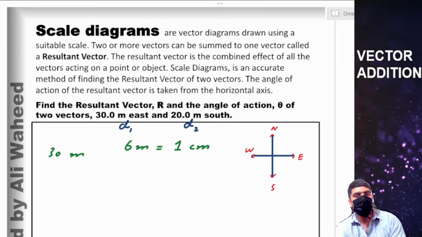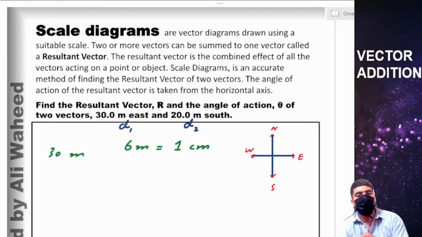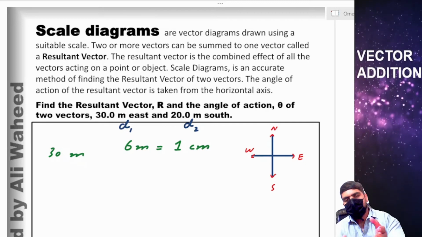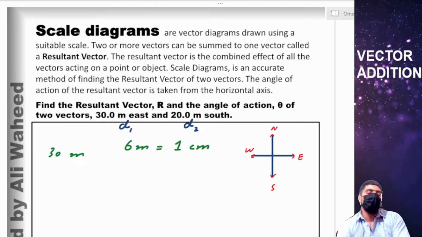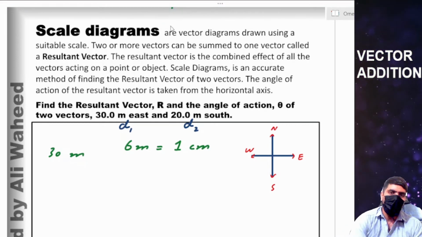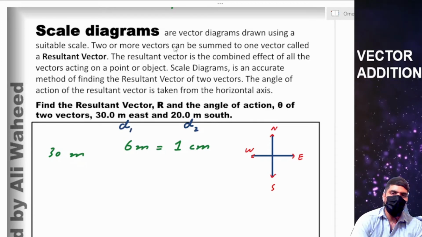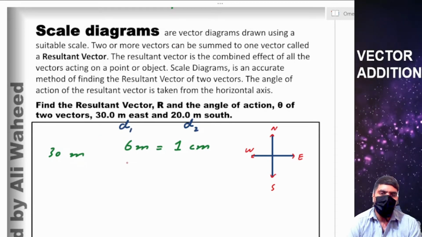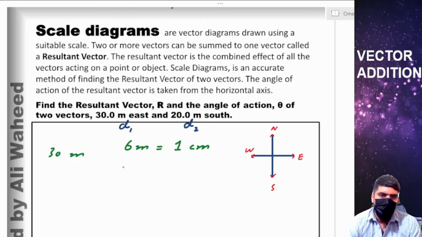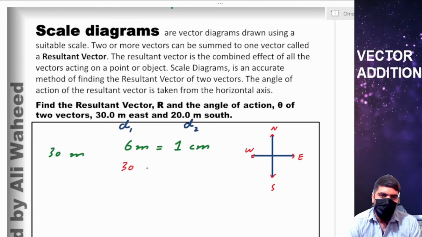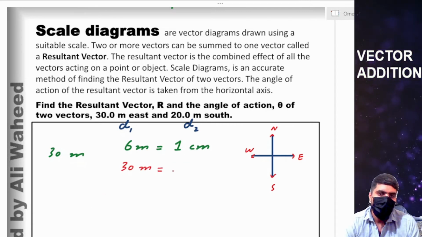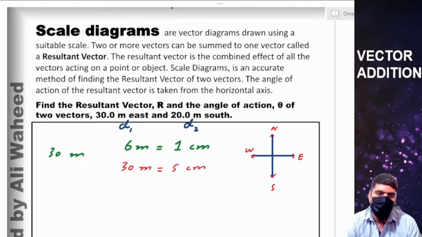Every 6 meters of the actual value represents 1 centimeter on the paper. So we have to draw two vectors. The first one was 30 meters. So if 6 meters represents 1 centimeter, then 30 meters would be represented by 5 centimeters.